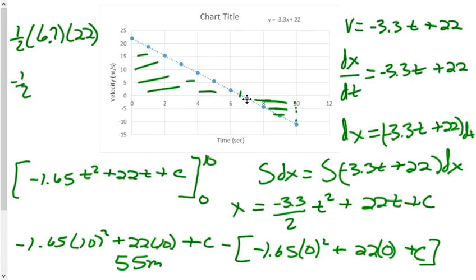Well, I know the rest of the way is 3.3 to the 10. So 3.3, and then our height is about 12. So I'm going to take the area of this triangle here and add it to this triangle here, but remember, this is a negative area. And the answer comes out to be 54 meters, which is a pretty good agreement to our algebraic way of doing it.